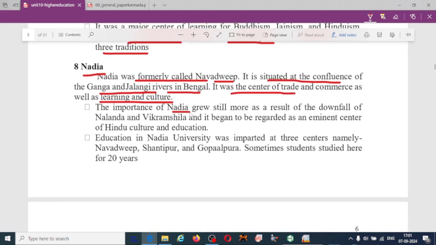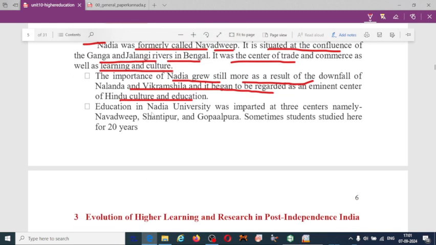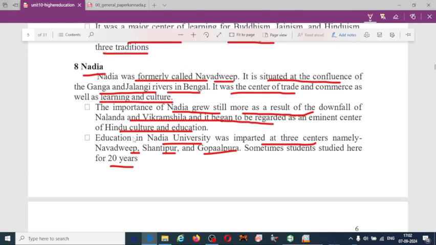The importance of Nadia grew still more as a result of the downfall of Nalanda and Vikramashila, and it began to be regarded as an eminent center of Hindu culture and education. Education in Nadia University was imparted at three centers, namely Navadvip, Shantipur, Gopalpur. Sometimes students studied here for 20 years.